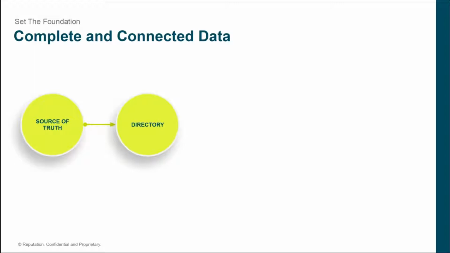You need to have a source of truth that's going to feed the directory of data around your locations and providers. Now, the source of truth can be anything. It might be a credentialing system or an Excel file or an EHR or a CRM, whatever the case may be.